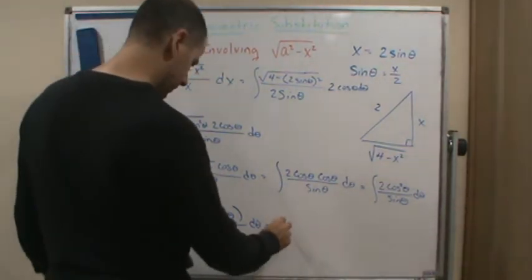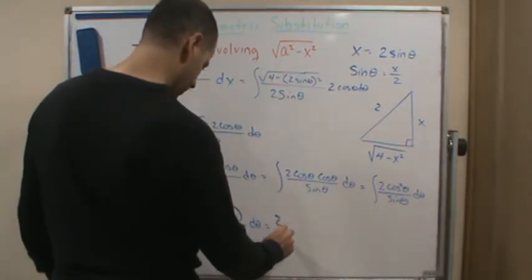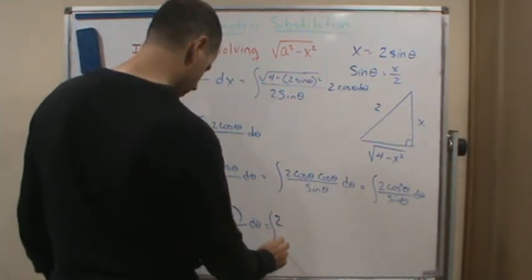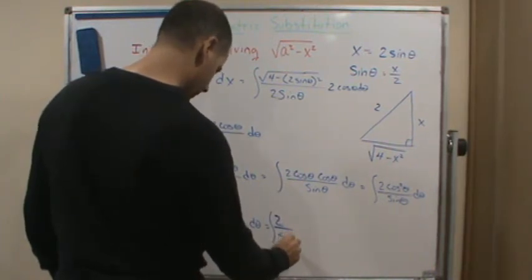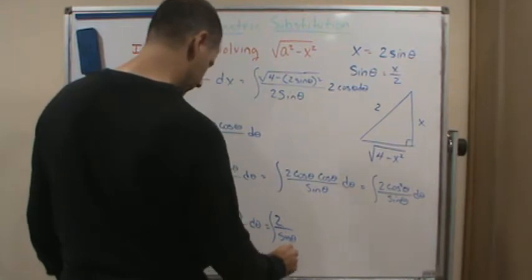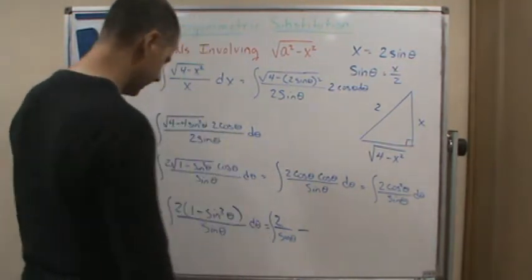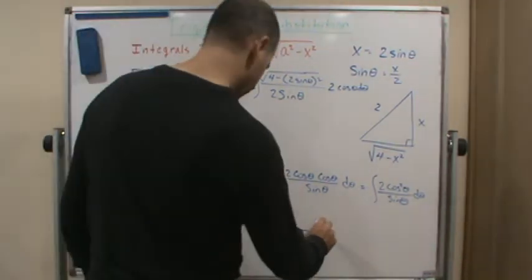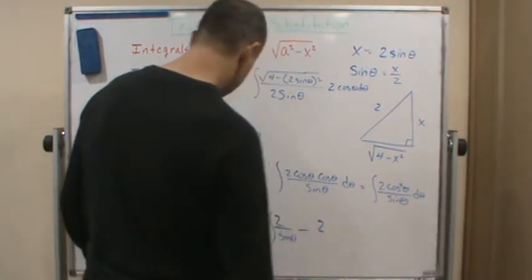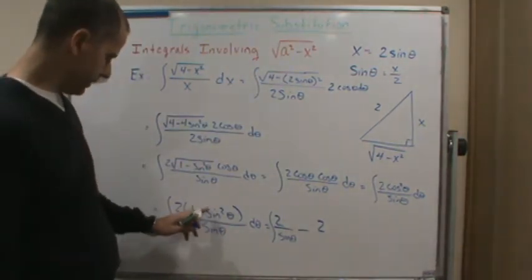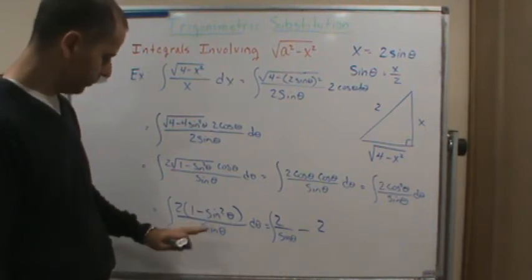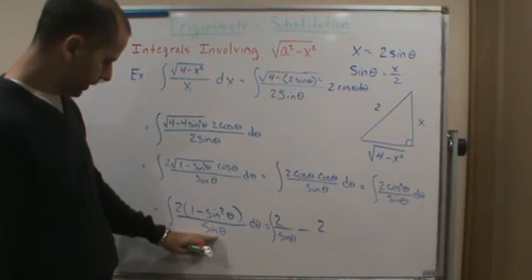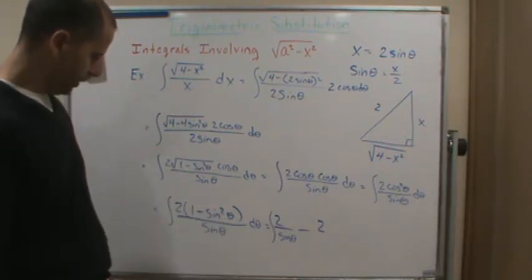So we're going to get 2 over sine theta minus 2, and now this is where the sine squared theta is going to cancel with one of the sine thetas up here.